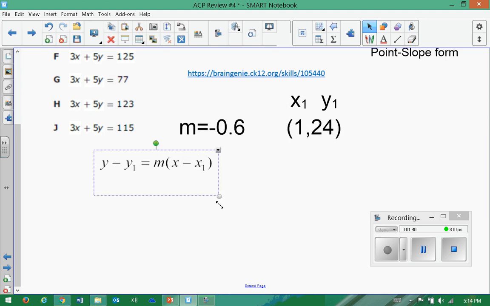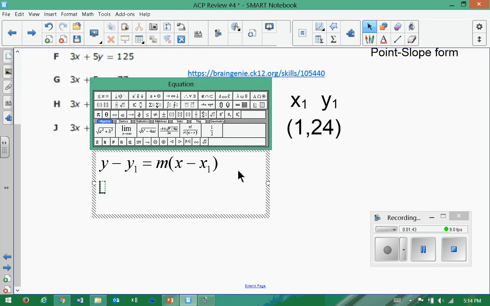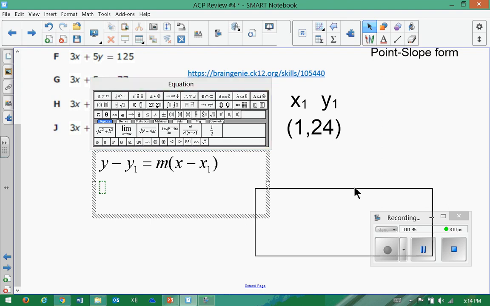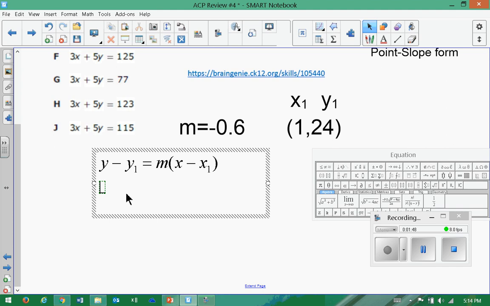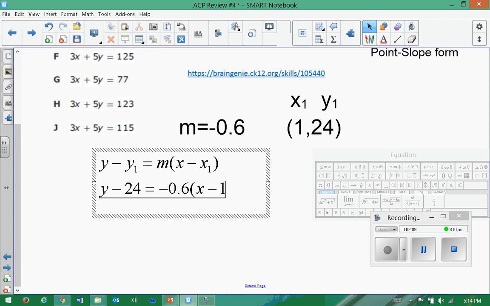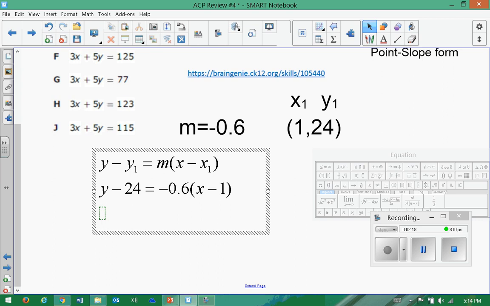So let's write our formula: y minus y1 equals negative 0.6, or negative 6/10, times x minus 1. Okay, all right, that's the point slope form. Okay, we can simplify this.